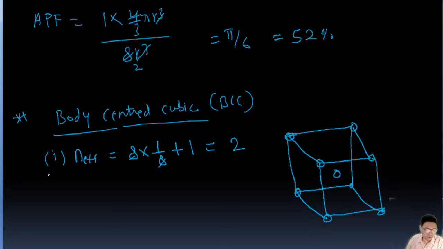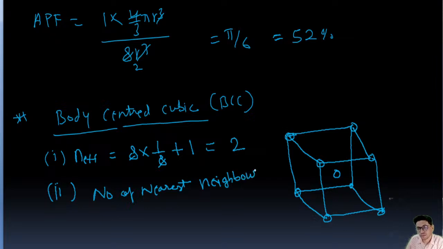Next, the number of nearest neighbors, that is the coordination number, meaning first nearest neighbor. For BCC it is 8.